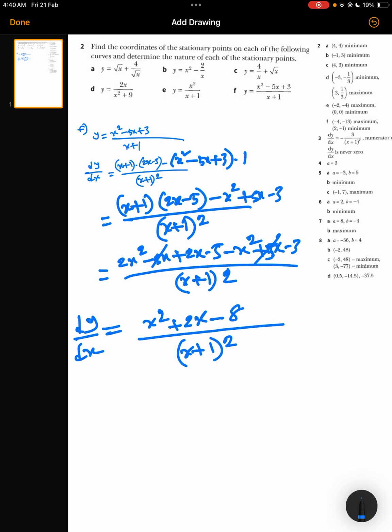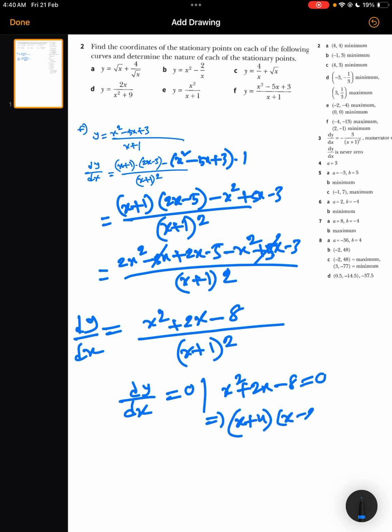For a stationary point, the gradient must be 0 at a particular point because there is no y difference, right? So it means that x squared plus 2x minus 8 would become 0. Let me calculate first: x squared minus 2x plus 4x minus 8, yeah, it's okay.